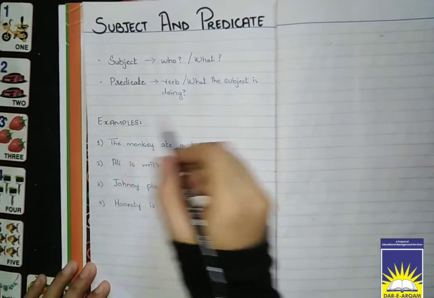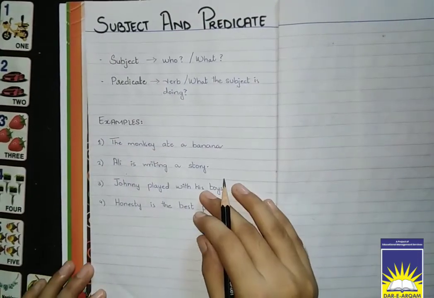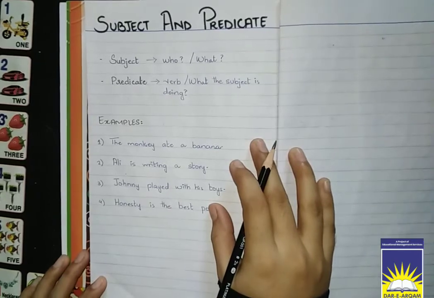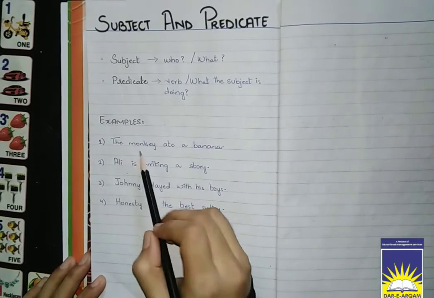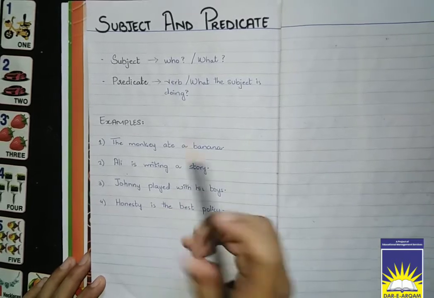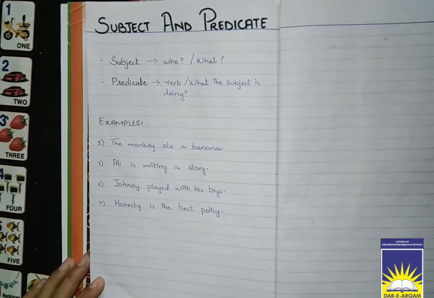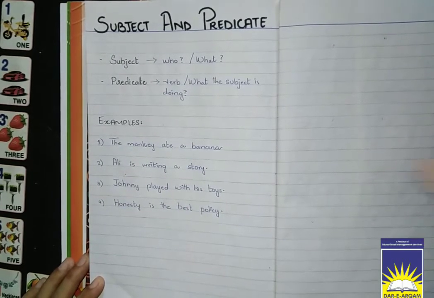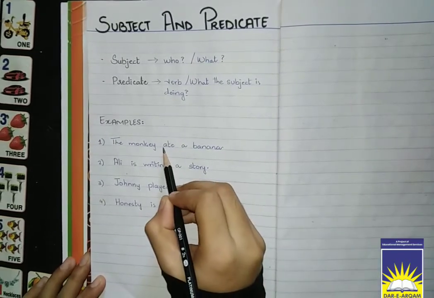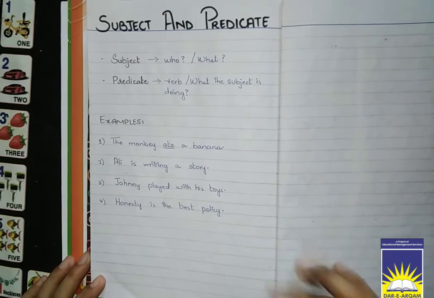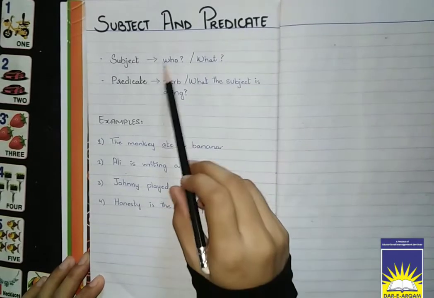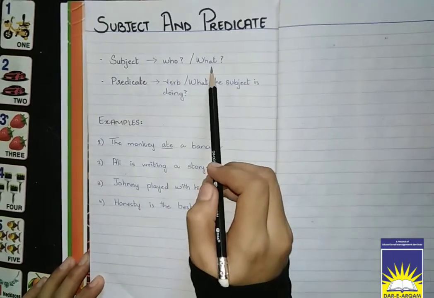Now I have some examples here, and let me find out the subject and predicate. First one: the monkey ate a banana. The first step you have to do is to find the verb. Here, ate is the verb. Now answer these questions: who or what?